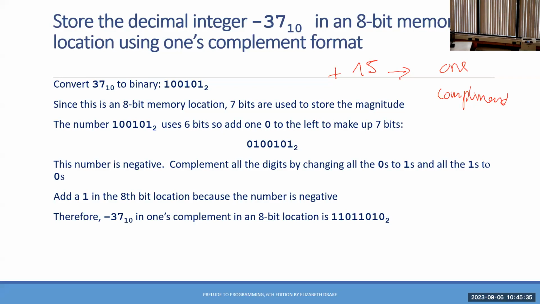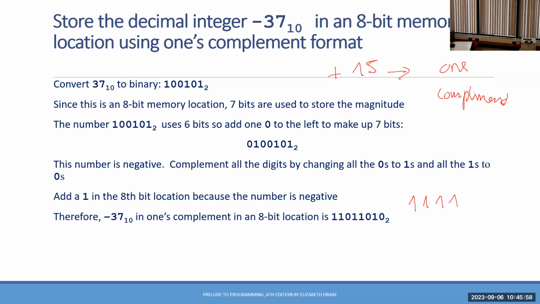As I mentioned, if it's a positive number, do it normally. Just convert it normally for every format. So 15, how do we convert 15 in binary? You have 1, 1, 1, 1. 8, 4, 2, 1.